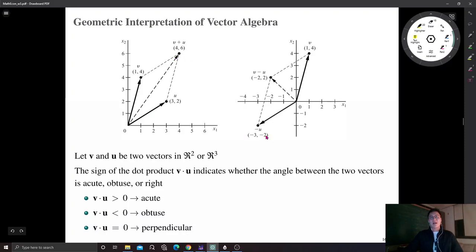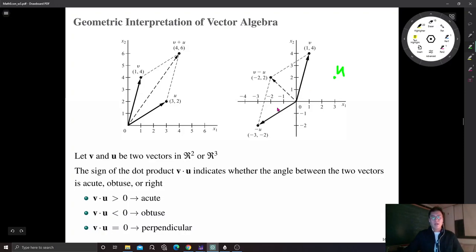And the negative scalar multiplication indicates the opposite vector. So suppose we have a vector 3, 2 that is right here. Okay, let me call this vector u, and the negative u is going to be in the opposite direction. So it changes the direction of the vector diametrically, like this.